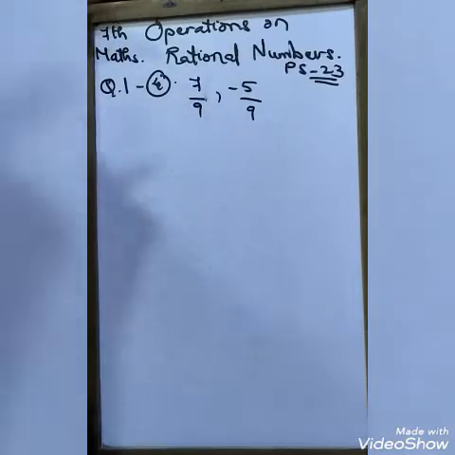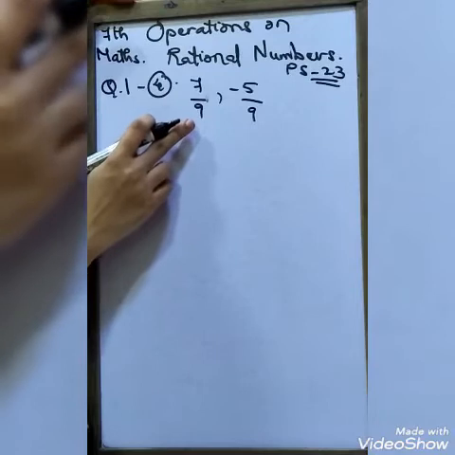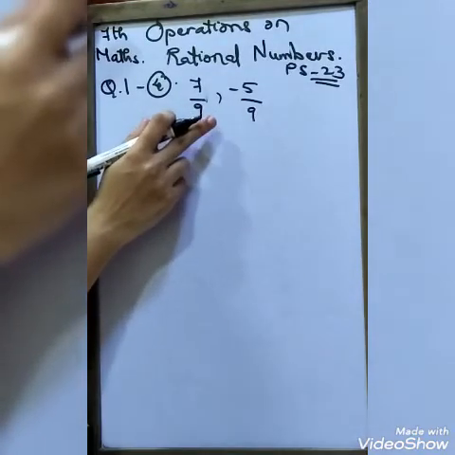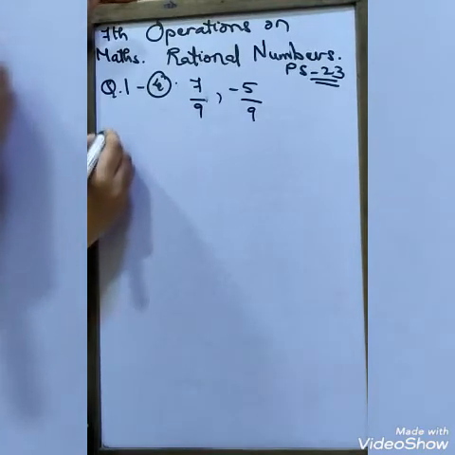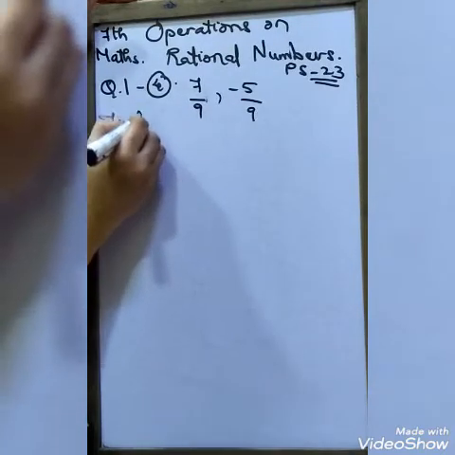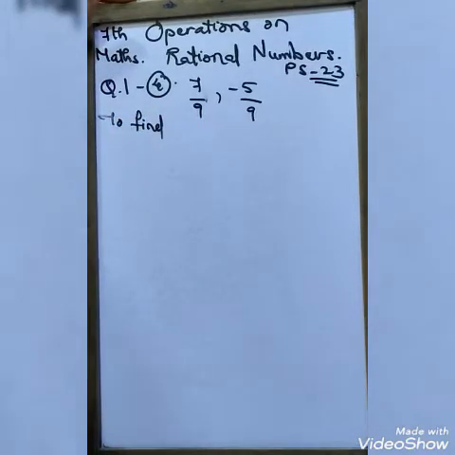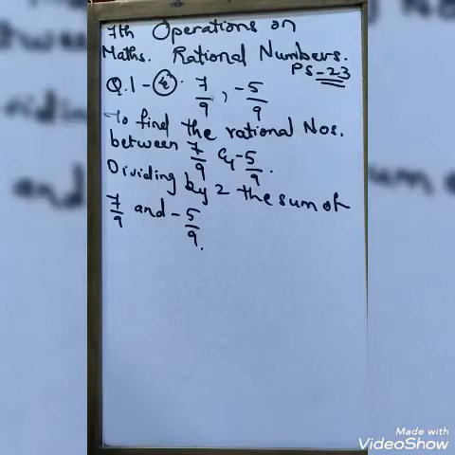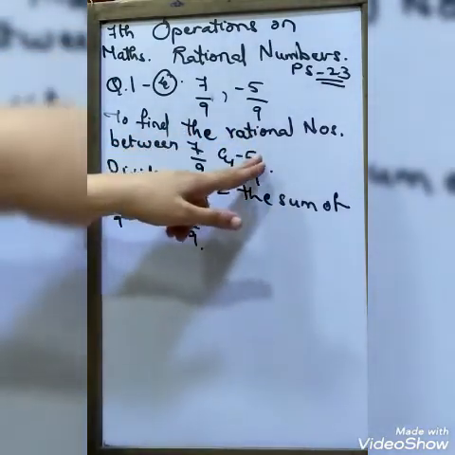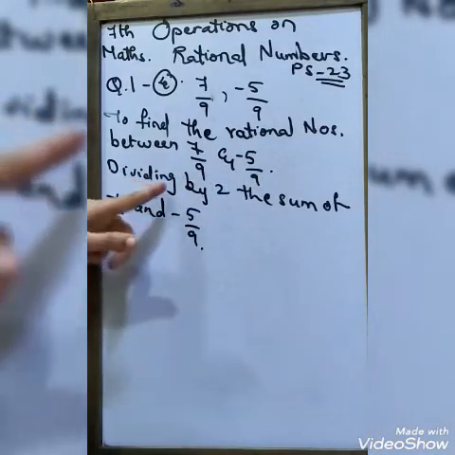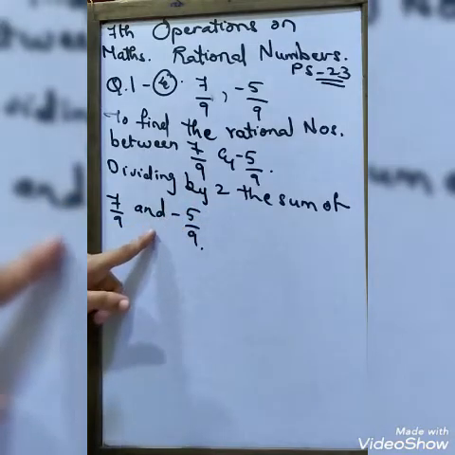To find the numbers in between the two, we are supposed to add them together and then their addition should be divided by 2. So to find out the rational numbers between 7 upon 9 and minus 5 by 9, we add them together and divide the addition by 2.